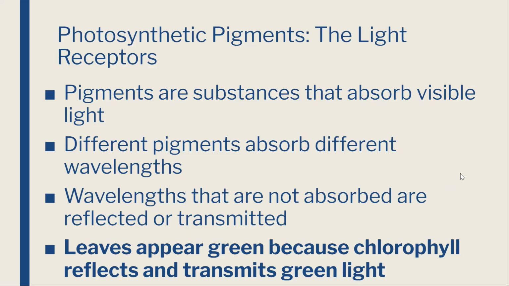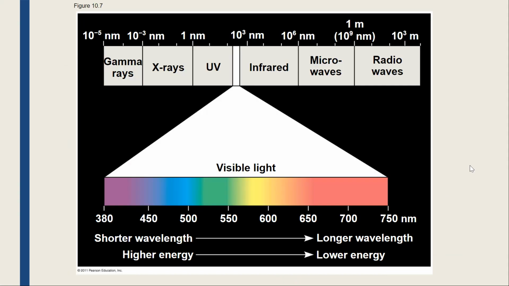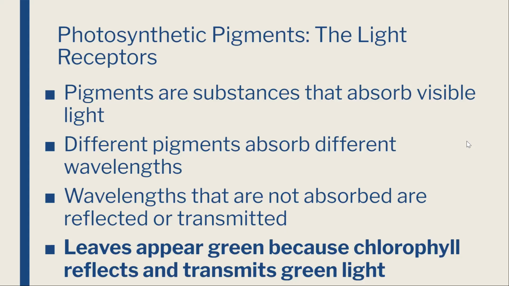So when we look at the pigments in the leaves that are absorbing the light, the plants are absorbing a lot of the light, but they're not absorbing the green wavelengths of light. So the wavelengths that they do absorb are going to be kind of the reds and the oranges, and then the blues and the purples. And they are absorbing it and then using it for photosynthesis.